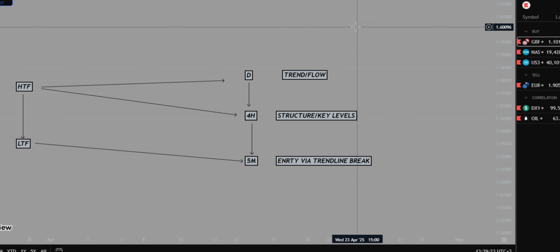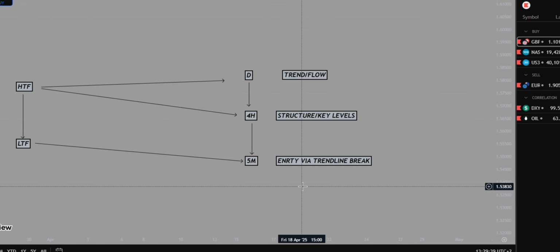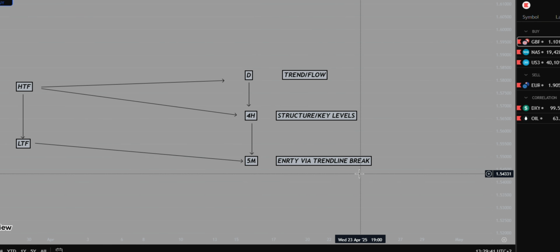I want to sell at resistance, so either we are looking at a break and retest of the resistance or just a simple retest of the resistance. If I see that the price is at the area, we do not enter just yet, but we drop to the lower time frame, which is the 5-minute, and we have the entry by a trend line break.